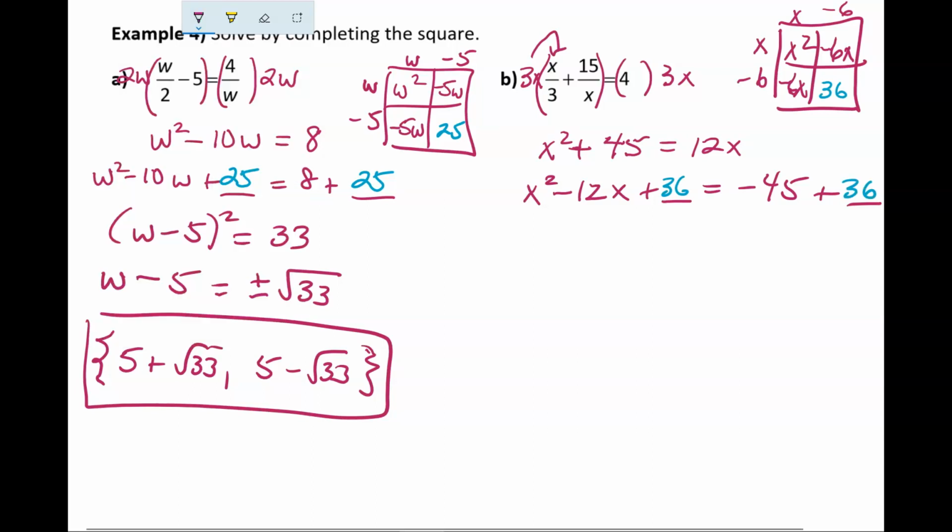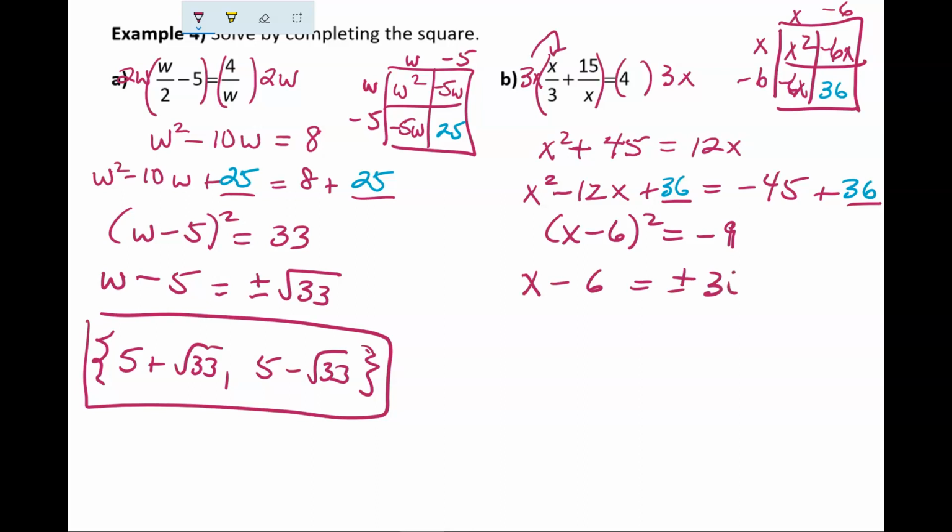So x minus 6 squared is equal to negative, what is that, negative 9? Yes. And so when we take a square root of a negative 9, we're going to get an imaginary number. So x minus 6 is equal to plus or minus 3i. So that'll give us 6 plus 3i as one of the solutions, and 6 minus 3i as the other solution.